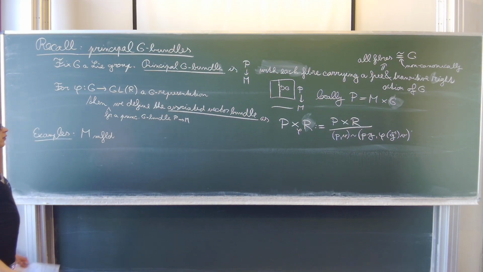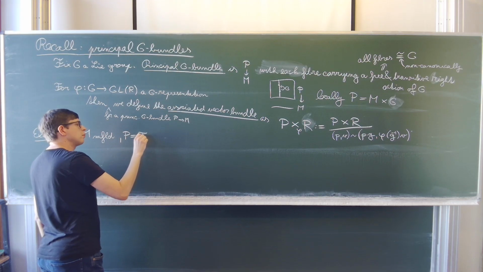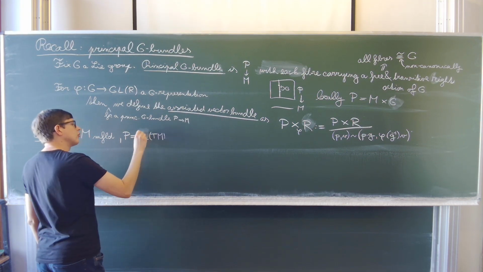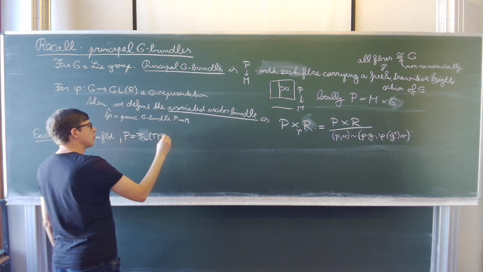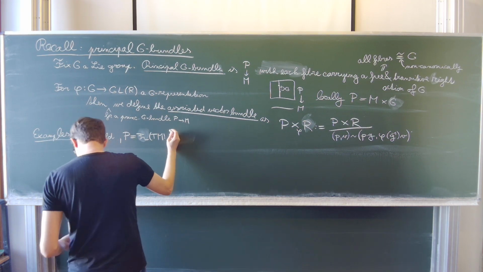So if we fix a smooth manifold M, then we can define P to be the frame bundle of that. This is Fr, the frame bundle. How is this defined?